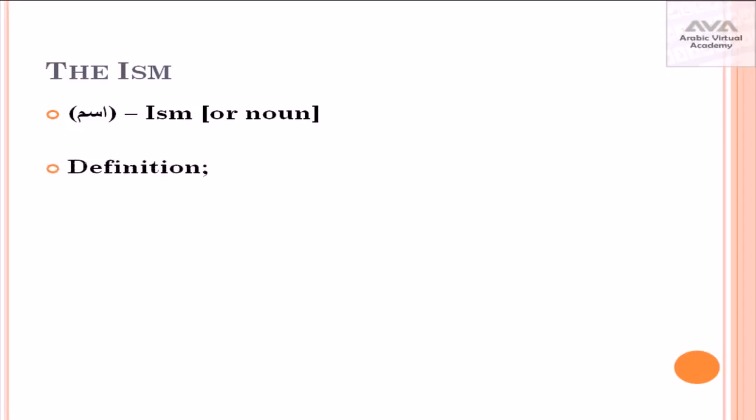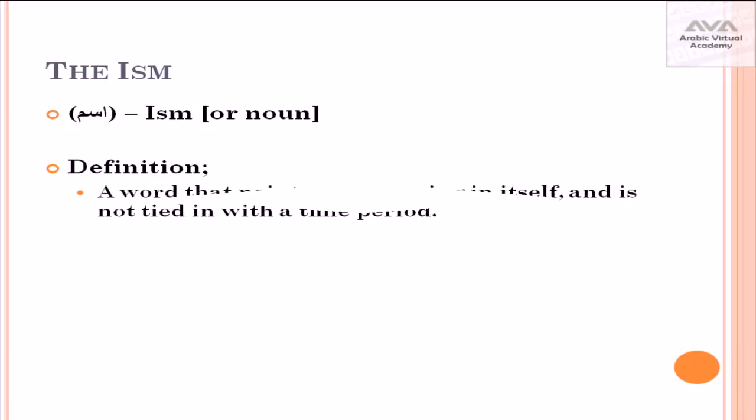And we understand that an ism, or the noun, when we're talking about the Arabic language, they say that it is كلمة دلت على معنى في نفسها ولم تقترن بالزمان. كلمة means a word, as we already have previously spoken about. دلت على معنى في نفسها means that in itself, it has its own meaning.